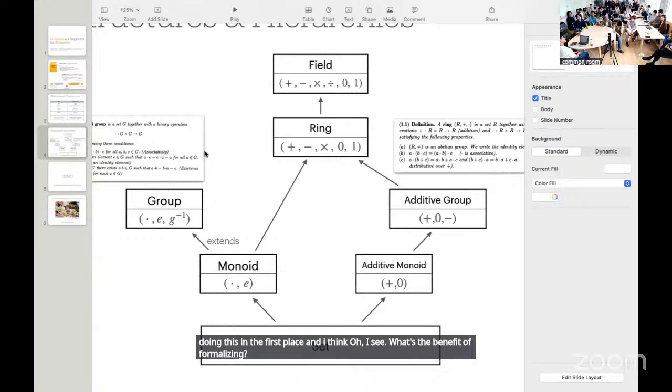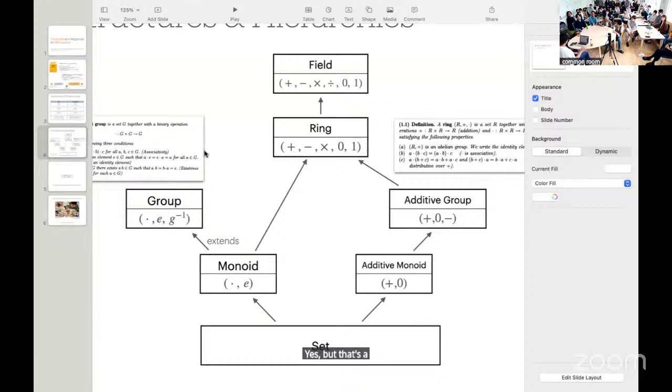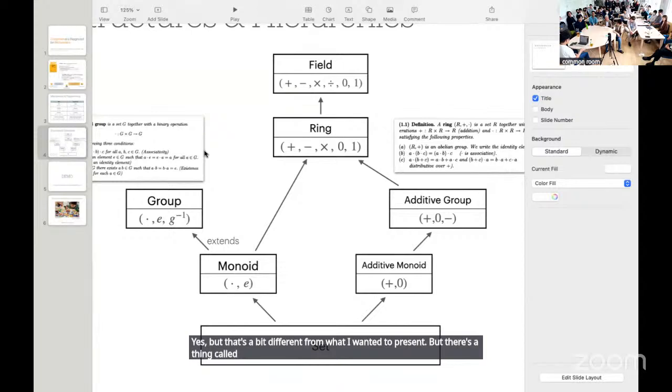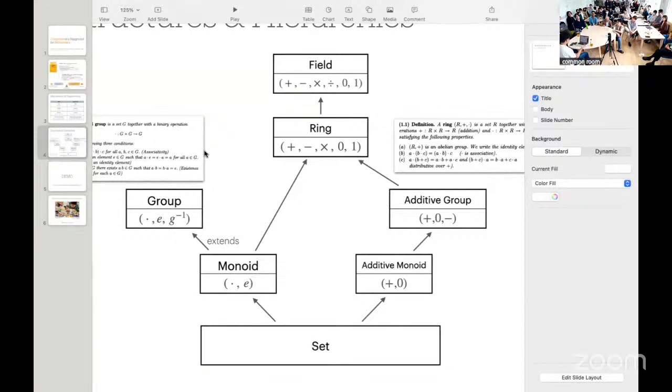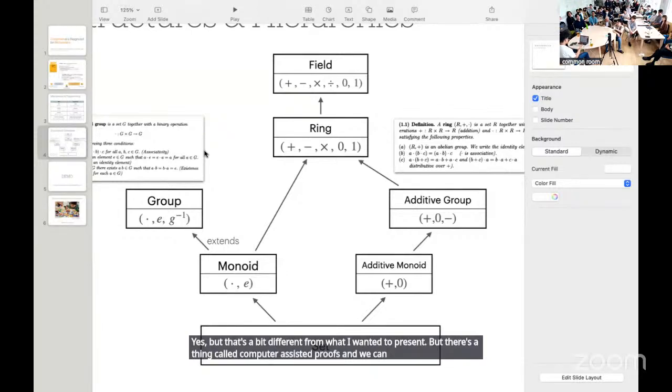Yes, but that's a bit different from what I wanted to present. There is a thing called computer-assisted proofs, and we can formalize mathematical propositions and their proofs as programming languages.